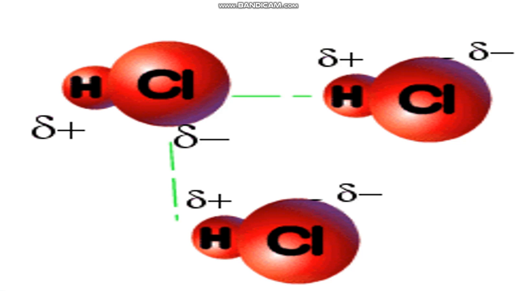Here you can see H has a partial positive and Cl has a partial negative charge. The green line indicates the intermolecular force, the dipole-dipole interaction between the two molecules. The force of attraction is between the Cl, which has partial negative charge, and the H having partial positive charge, that is, between oppositely charged atoms.